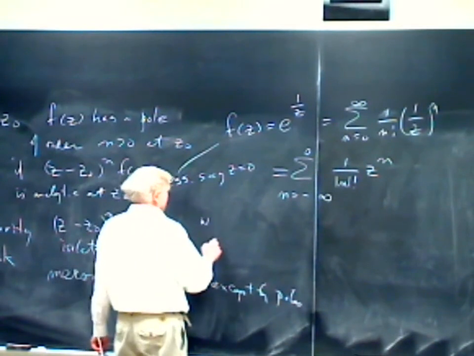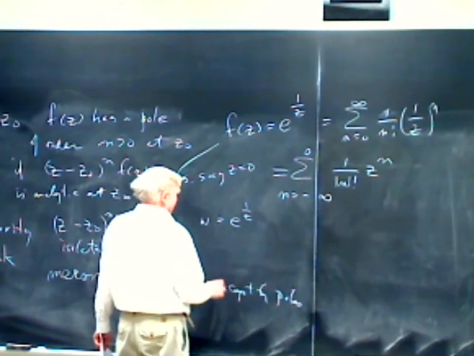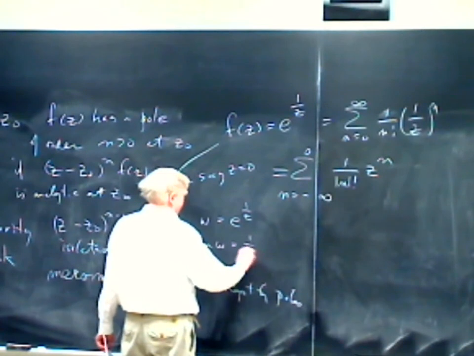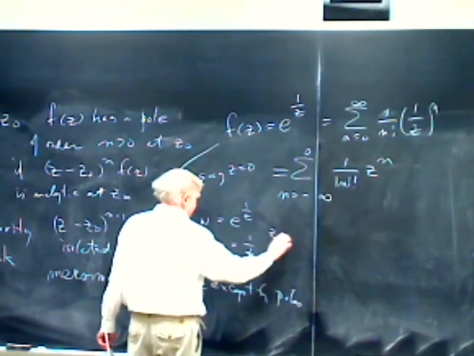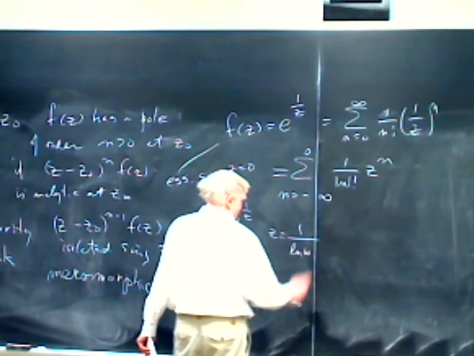If you say w is some complex number, you say w is e to the 1 over z, then you say log w is 1 over z, so you just need to say z is 1 over the natural log of w.